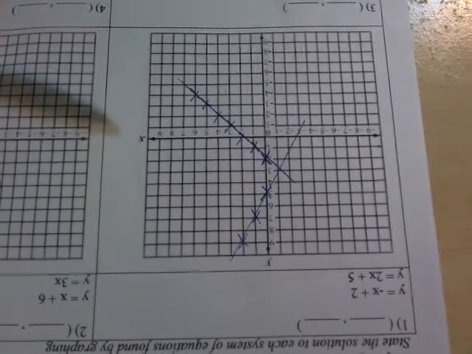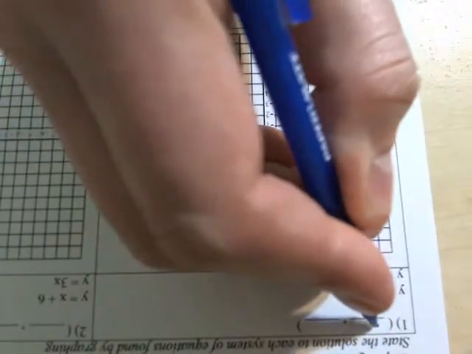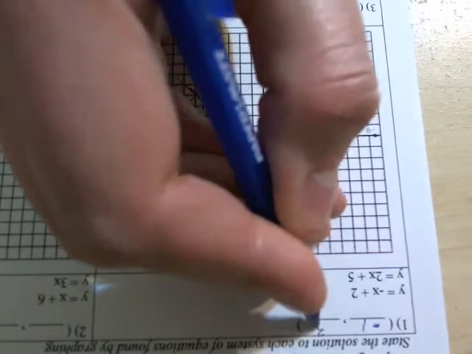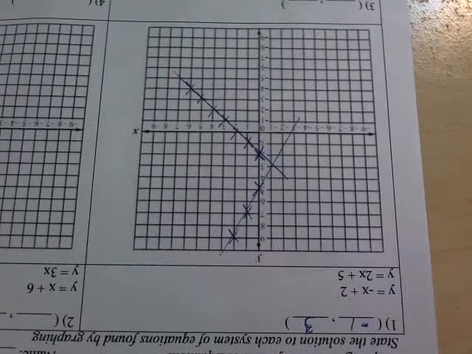So the point of crossing being negative 1, 3, that means the solution to the system of equations is negative 1, 3. The point at which I could plug in for both x and y in both equations at the same time and make the left side equal the right side, again in both equations, is negative 1, 3.